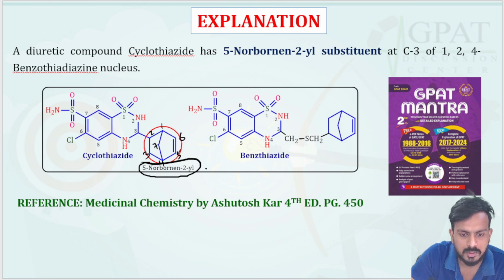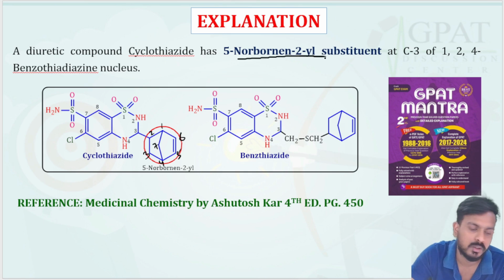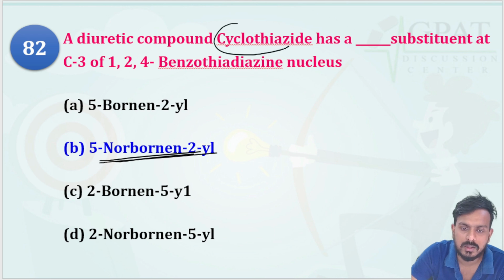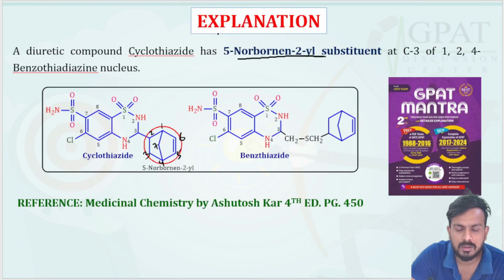So in the second position you have a substitution of a ring, which is why it is called 5-norbornen-2-yl. So the substitution at the C3 position is 5-norbornen-2-yl. The correct answer is option B, 5-norbornen-2-yl, at the C3 position of cyclothiazide. Moving to the next question.